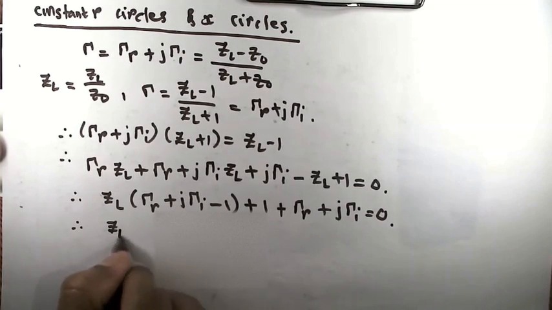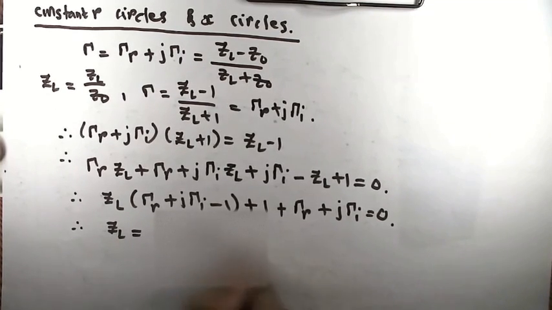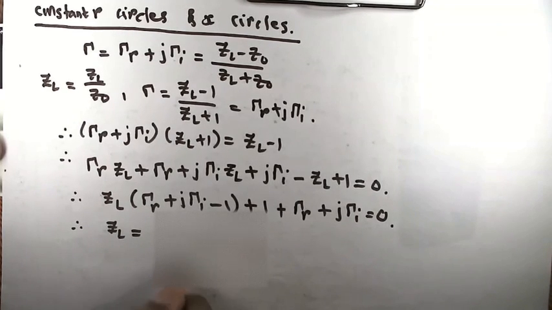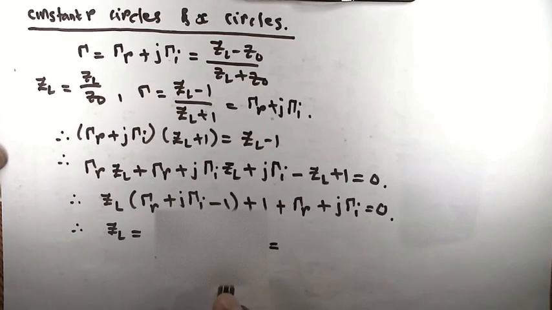So now ZL can be written as minus 1 minus sigma r minus j times sigma I, that is equal to sigma r plus 1 minus j times sigma I. So now let me put it on a positive sign.